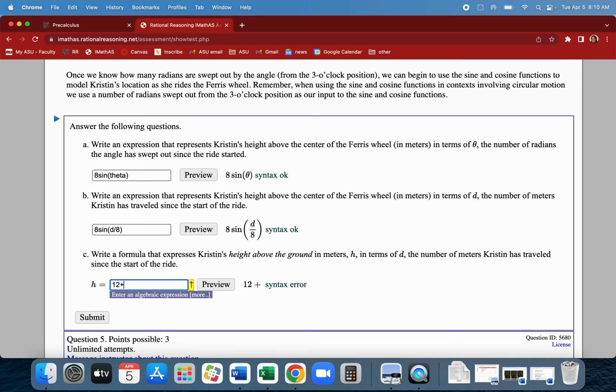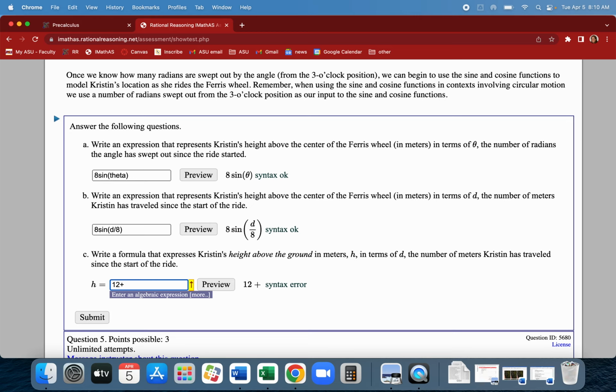So this one asks for her height relative to, in terms of d, the number of feet she's traveled. When I wrote this before, it was in terms of the angle that she traveled through. But we can use either one.